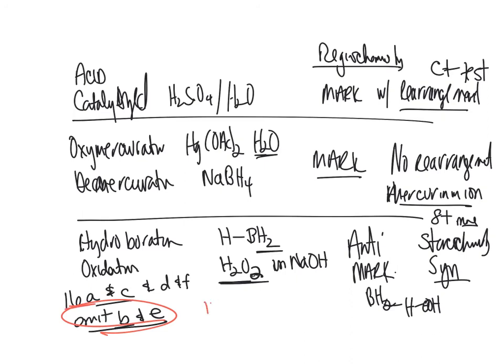And then 17, I need you to do the mechanism for each one of those, and you have A and B. So you need to show the mechanism. And you're required to know the mechanism on all of these reactions. And that'll be it for 11B.